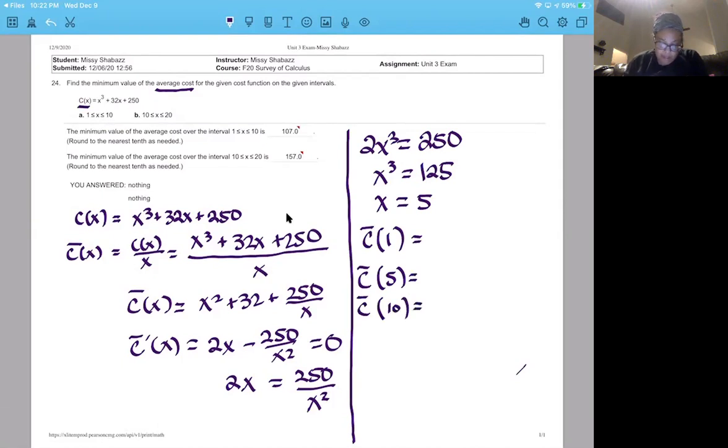If I plug in 1, I get 1 plus 32 plus 250, 283.